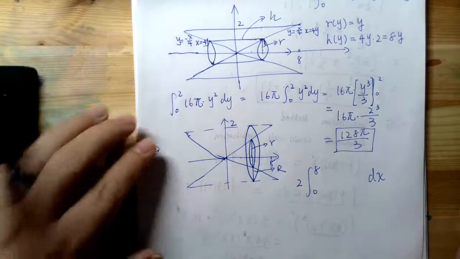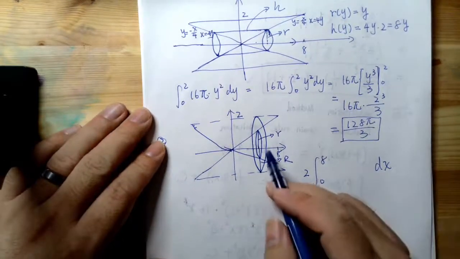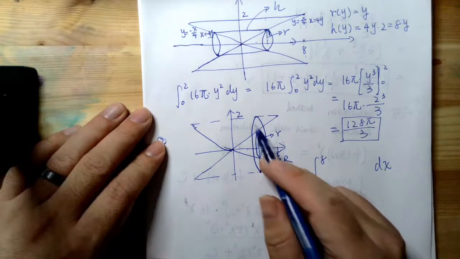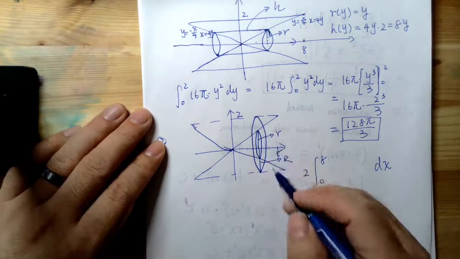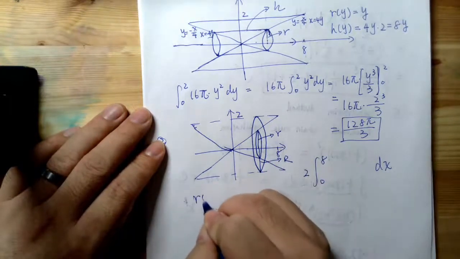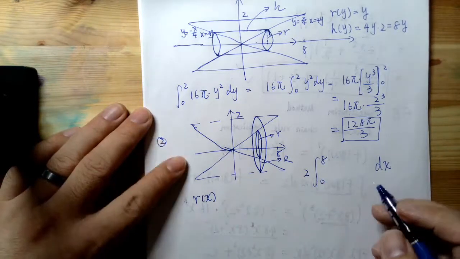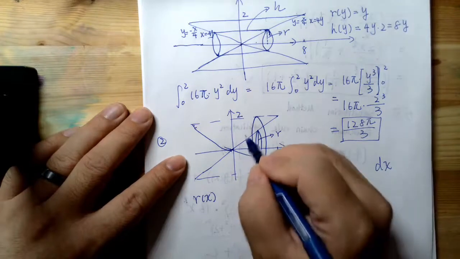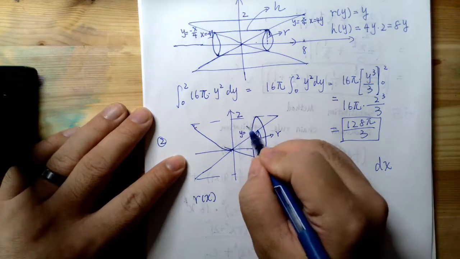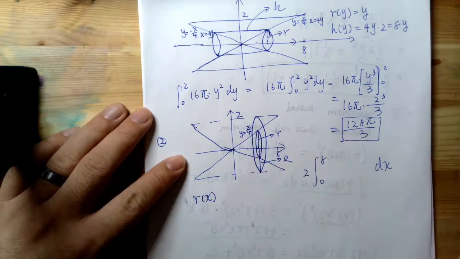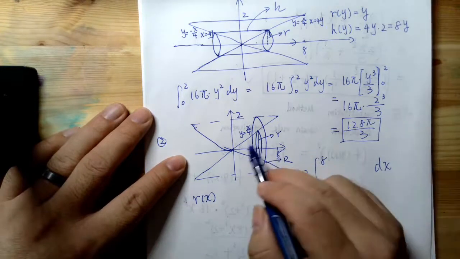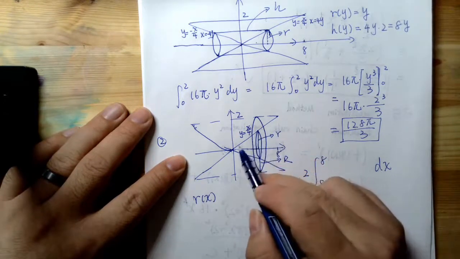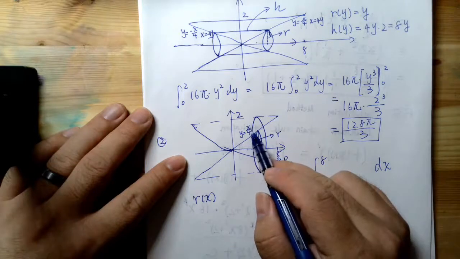Okay, so now let's figure out the small radius and the bigger radius. So r of x, the small radius, this part is y equals absolute value of x over 4, but in our first quadrant, this line is exactly x over 4.